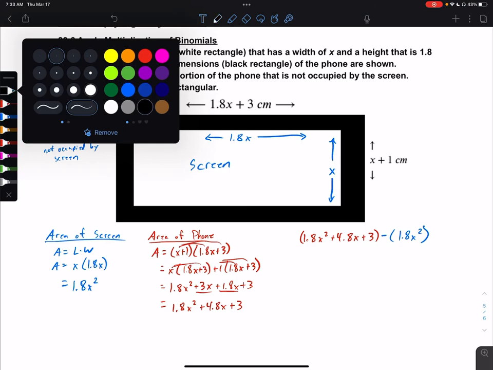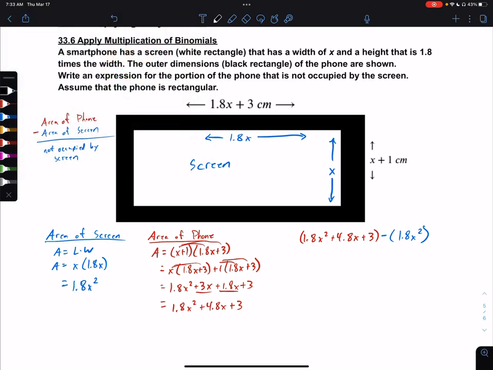We're going to take this 1.8x squared plus 4.8x plus 3. The parentheses we can remove and just subtract 1.8x squared. These two are like terms. They cancel out. So we're only left with 4.8x plus 3. So the area not occupied by the screen would be 4.8x plus 3.